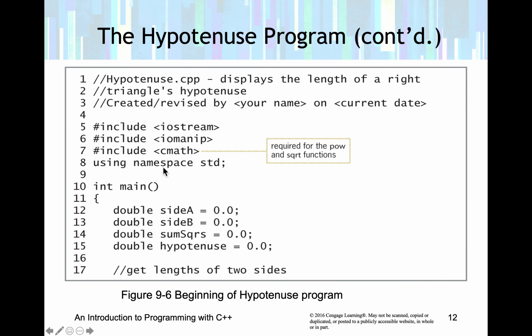Then we add using namespace std, so that we can use cin and cout without using std:: before them. We define some variables: sideA, sideB, sumSquares, hypotenuse.